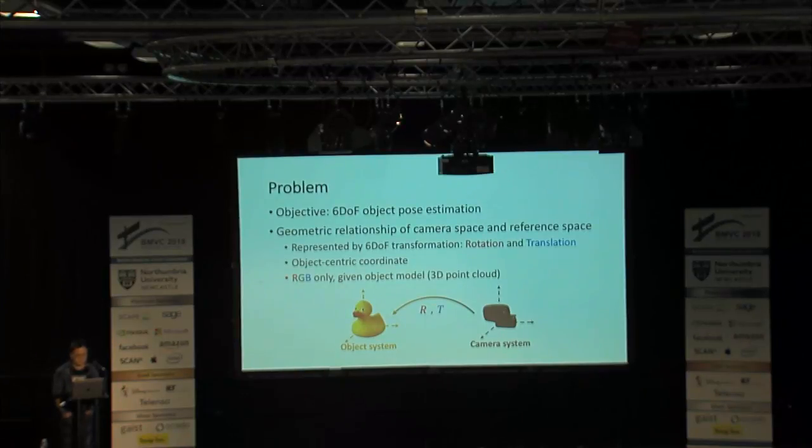And this is under the assumption that we have the geometry model of the objects. In our case, it's a 3D point cloud of the objects we have. So basically, the problem we're trying to solve is to find the geometry relationship between objects and the camera. That's it.